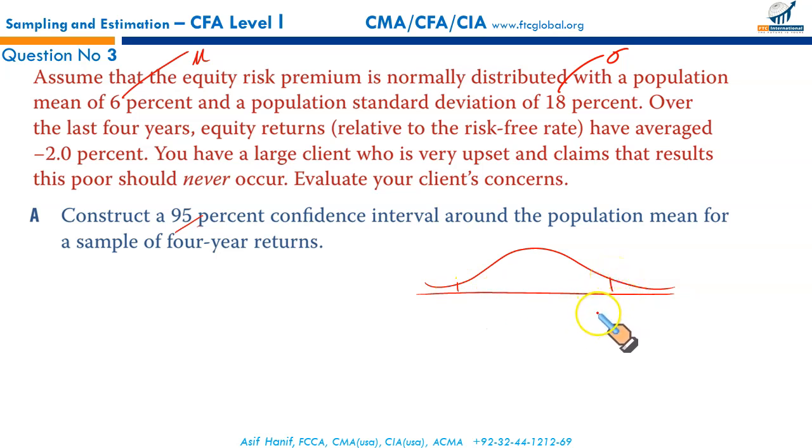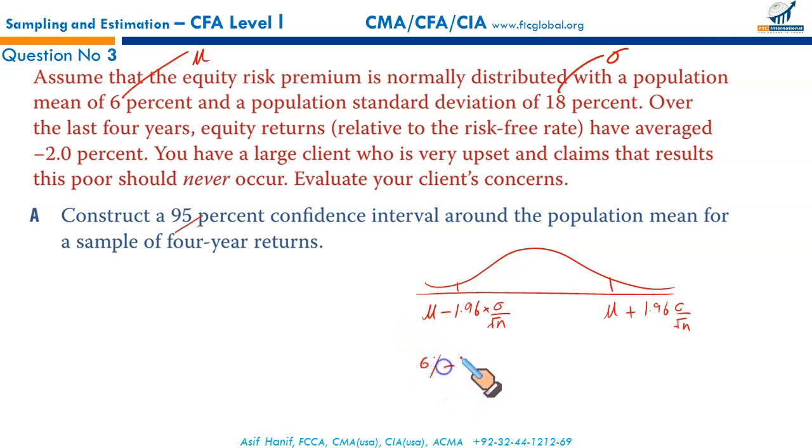So this is going to be your lower limit, minus 1.96 times population standard deviation upon the square root of the sample size, and the upper limit, plus 1.96 times the standard deviation over the square root of the sample size. Now simply replace the values.